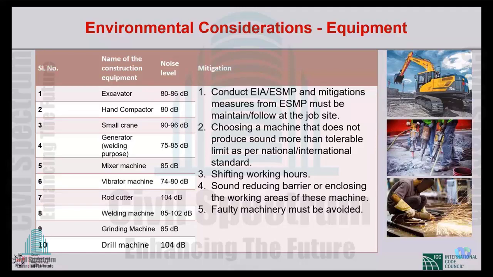Then, choose a machine that does not produce sound more than tolerable limits as per national and international standards. You will find lots of new machines coming into the market that promise to produce less sound than the standard levels for human comfort.